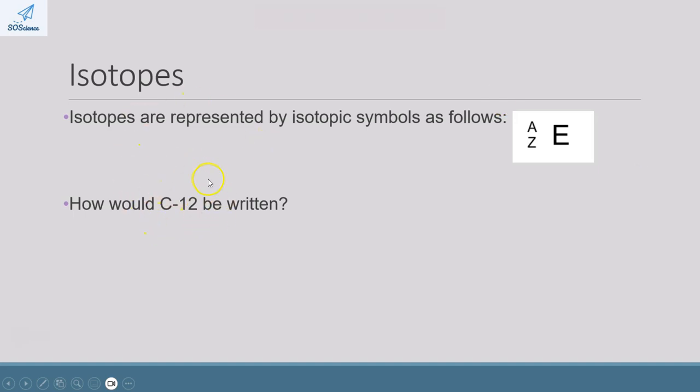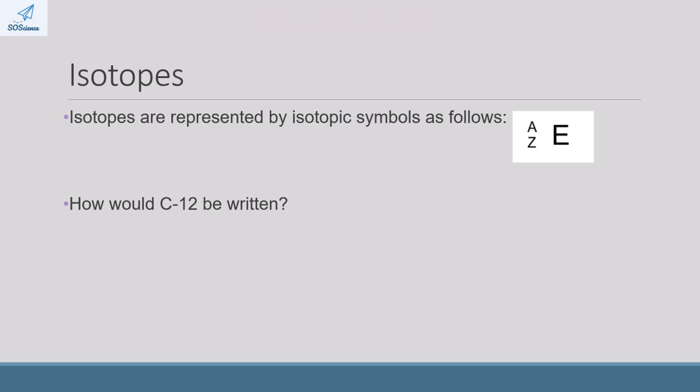So how would carbon-12 be written? Well, remember that this 12 here represents the mass, the atomic mass of the atom. That is the A, and that is the number that will go on top. The Z is the atomic number, which, based on the number of protons, we can figure out from the periodic table for carbon is 6.